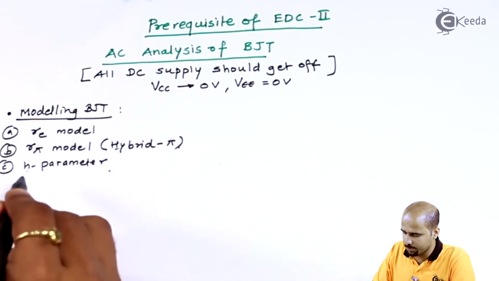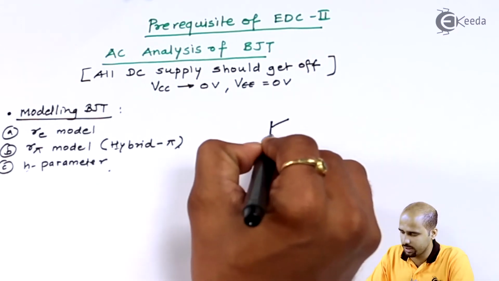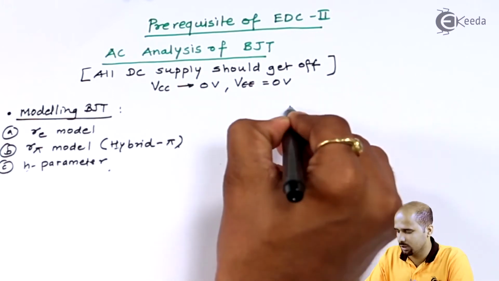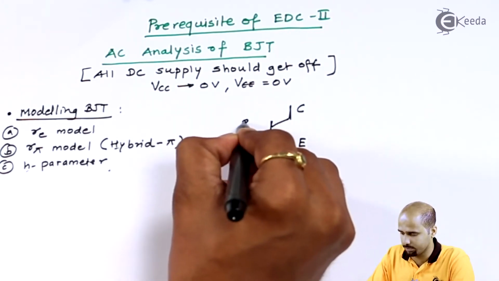Whenever we are learning this BJT, let's say we are using an NPN, where this is your collector, this is your emitter, and this is your base.